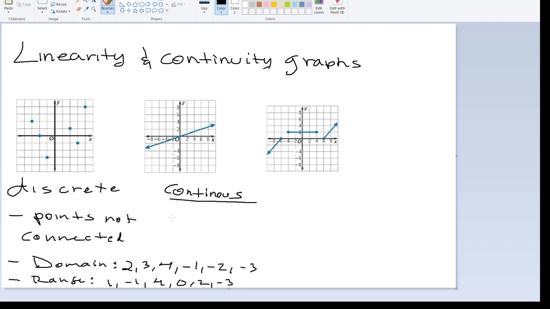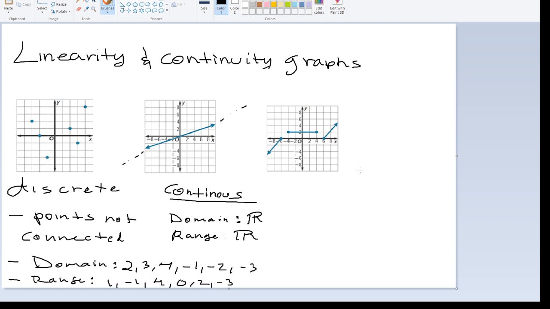And when I'm looking for the domain for something like this, if you think about it, this graph goes all the way to the left and all the way to the right. So we can say that it's going to be all real numbers for x, for the domain. If we consider the range, this graph also goes all the way up here and all the way down. So we can say all real numbers.